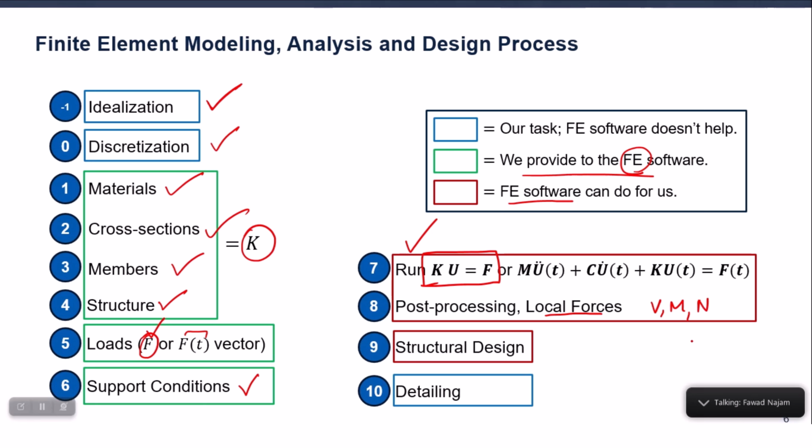And several of the finite element programs also provide you the facility of automated structural design. So, you just need to select the building code which the program should implement, and they can perform design calculations also and give you the final geometry or final amount of required material, final sizes and everything.